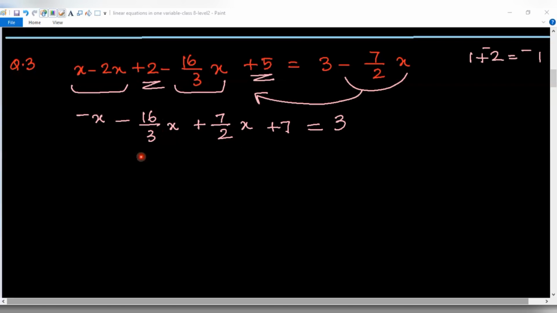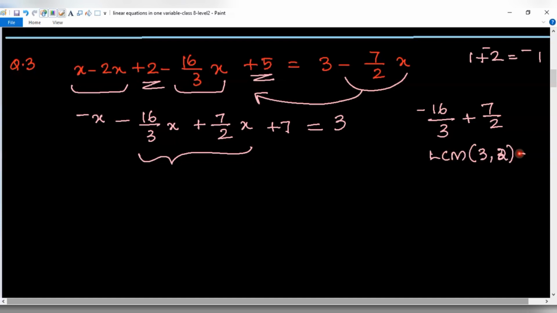When we are going to combine these two, for that we have to find what is minus 16 by 3 plus 7 by 2. Now here we have different denominators, 3 and 2. We have to add them. So first of all, let us take the LCM of 3 and 2.